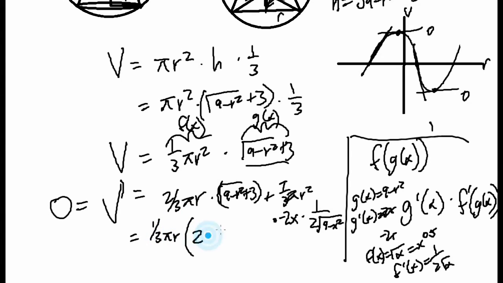This just becomes 2 times square root of 9 minus r squared, plus 3. And then the second term, since 1/3 pi r squared is just this thing multiplied by r, would be r times negative 2r times 1/2 over square root of 9 minus r squared.